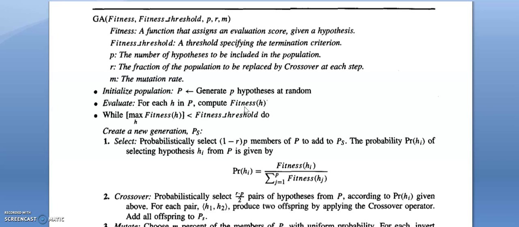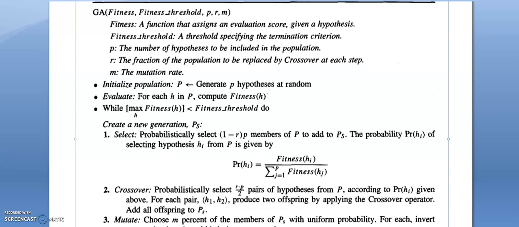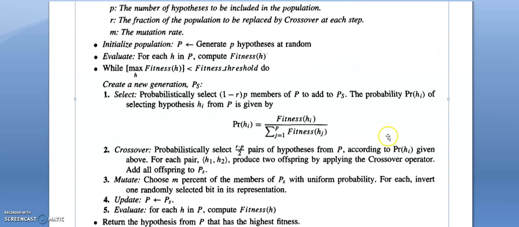Okay, that can be some accuracy measure. Now we have the fitness value for each of the hypotheses. Now if this fitness value is less than the desired fitness threshold, then we need to create the new population.